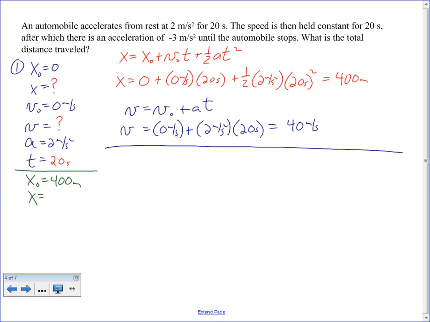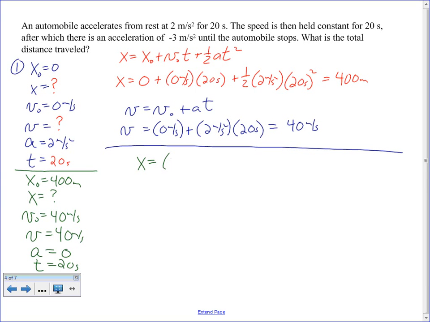And so then I'm going to try and find this later position. The initial velocity is 40 meters per second. The final velocity is still 40 meters per second. And since it's traveling at a constant velocity, there's no acceleration. And my time is 20 seconds. So again, I can look at position as a function of time.